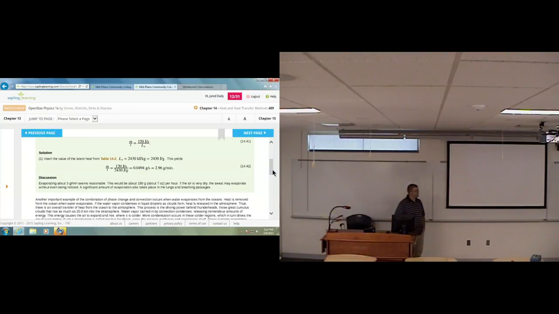It turns out that for just being at rest, you're going to have to sweat off about 2.96 grams per minute, or have some kind of evaporation at 2.96 grams per minute. That's not much water, it's no big deal.